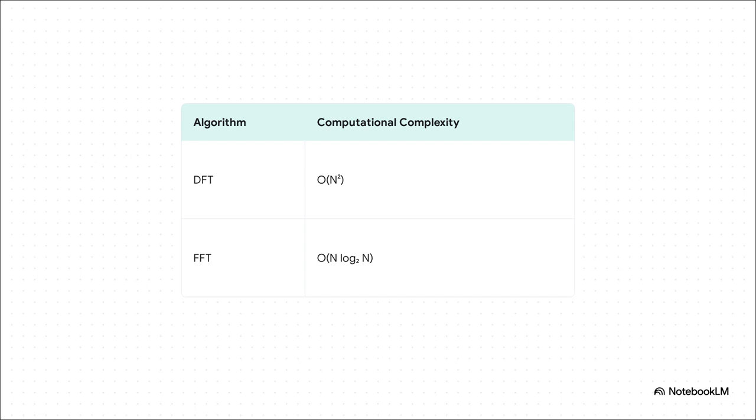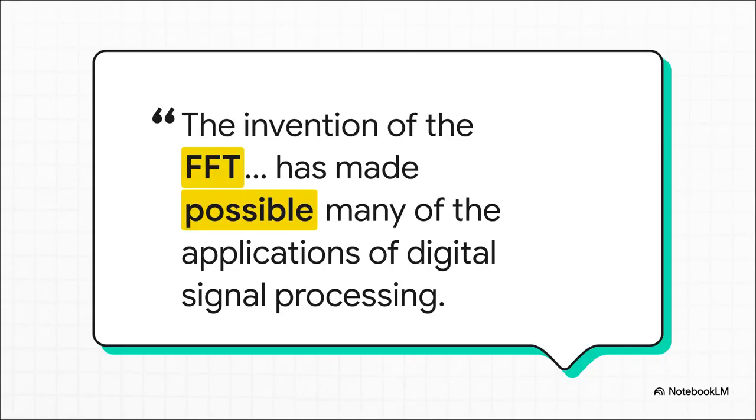Going from n squared down to n log n. That isn't just an improvement. That's the difference between a cool idea that's stuck in a lab and a revolutionary tool that can power the entire digital world. And look, don't just take my word for it. This quote from MIT OpenCourseWare says it all. The invention of the FFT is maybe the single biggest reason that modern digital signal processing even exists. It unlocked everything from our cell phones to medical imaging. It was a total revolution.